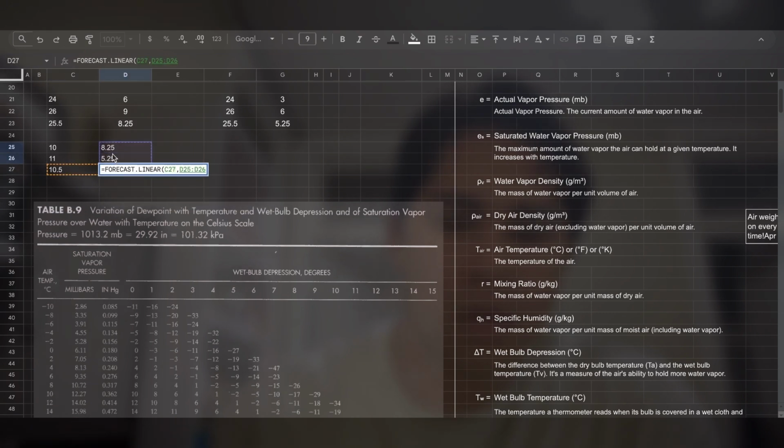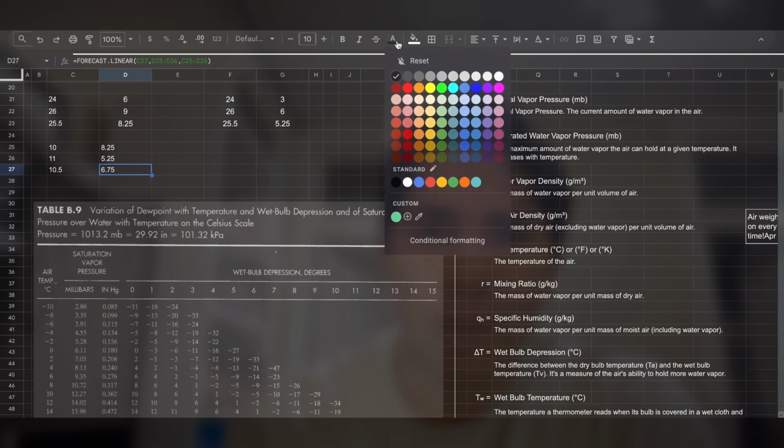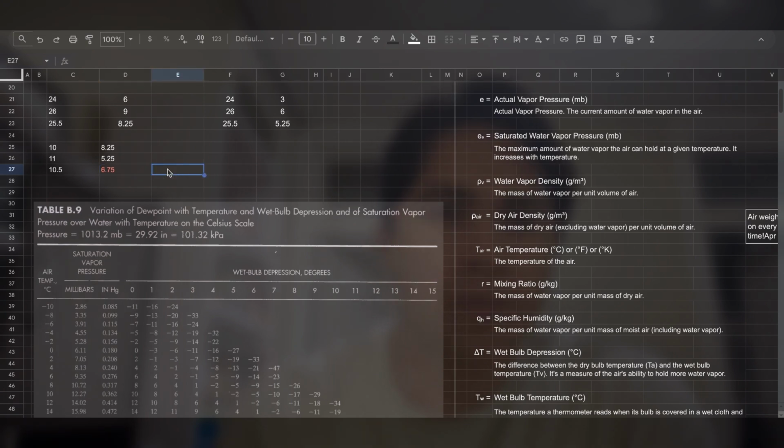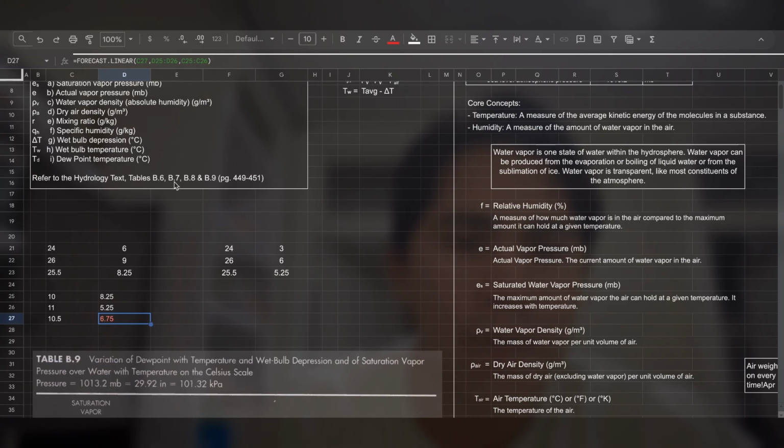This is our y data, and this is our x data. So our result will be 6.75, and this will be the dew point temperature, about 7 degrees Celsius, right? Because this value is in degrees Celsius. And that's the last part, I.